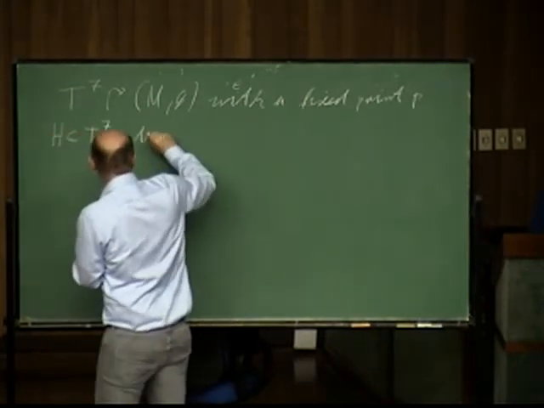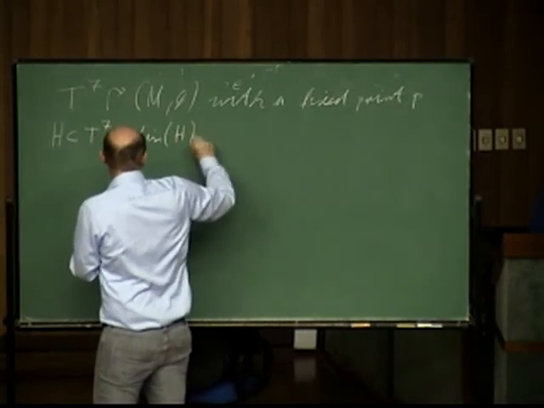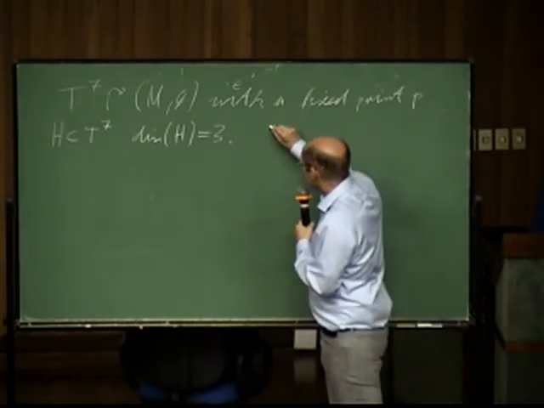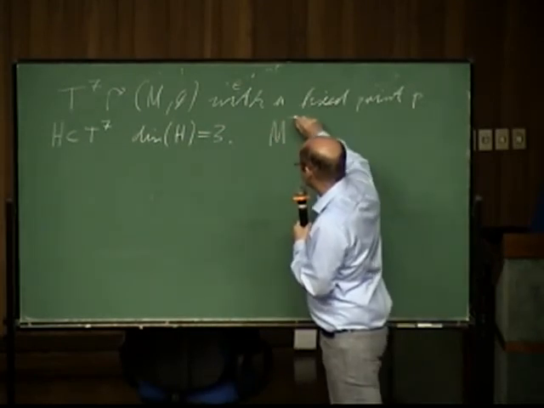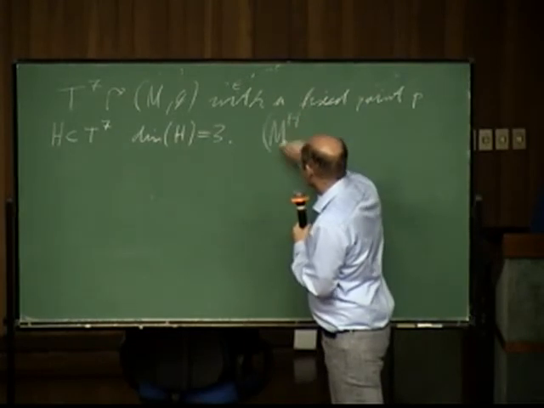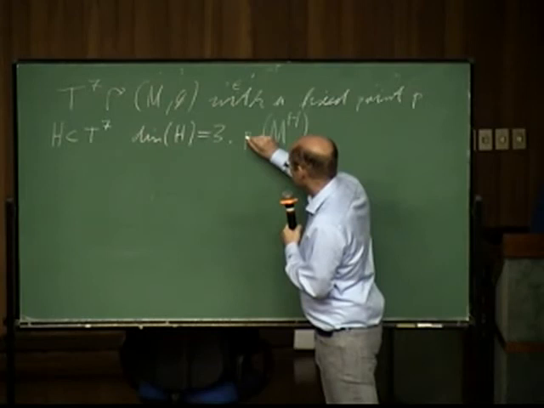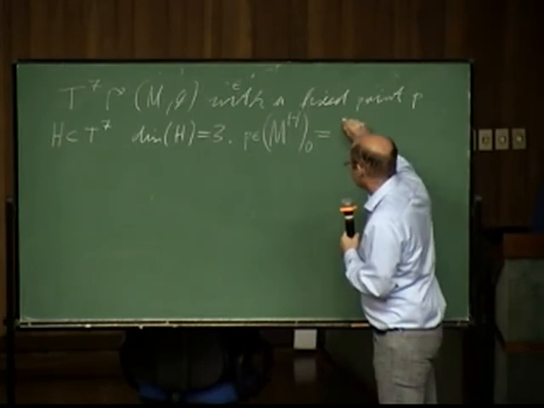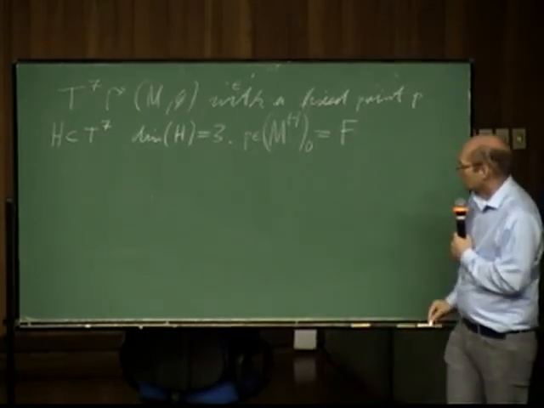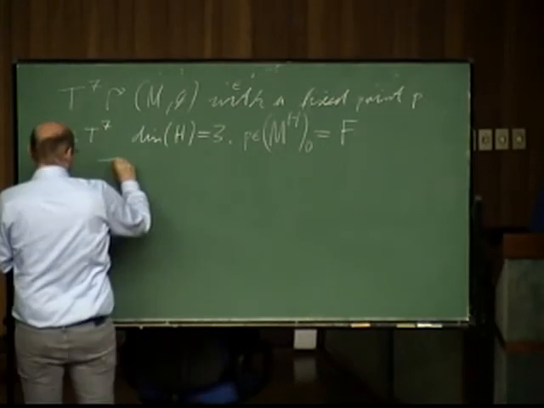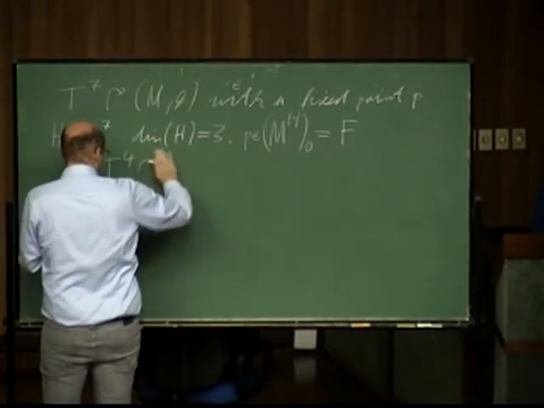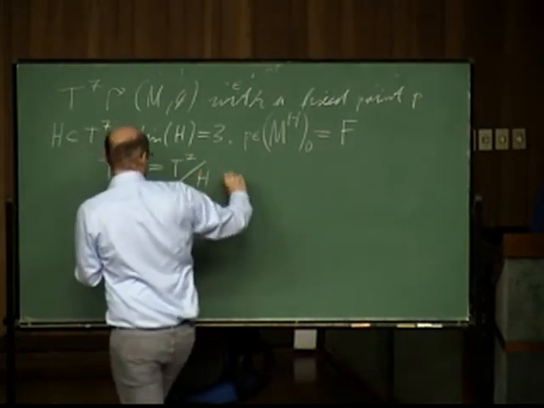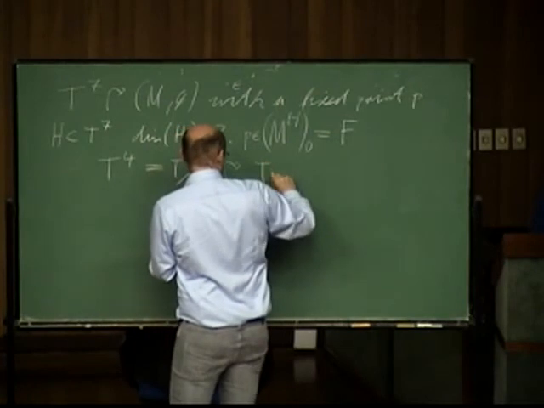So we can look at the fixed point set, the component containing P. Let's call this F. And now the quotient torus, which is a 4-torus, still acts effectively on the tangent space T_P F.